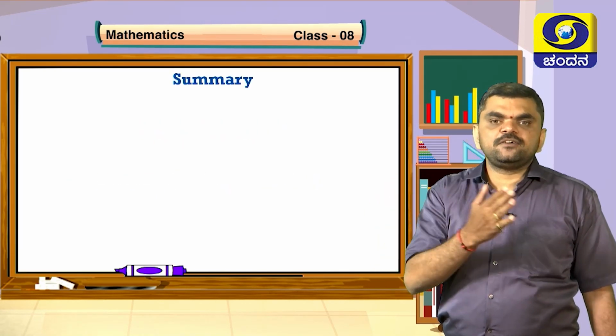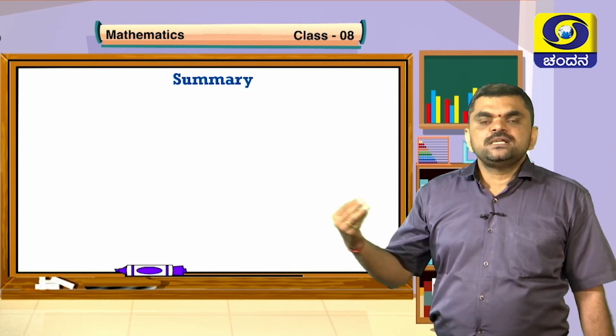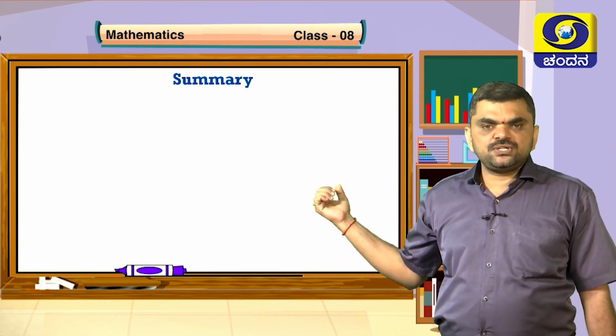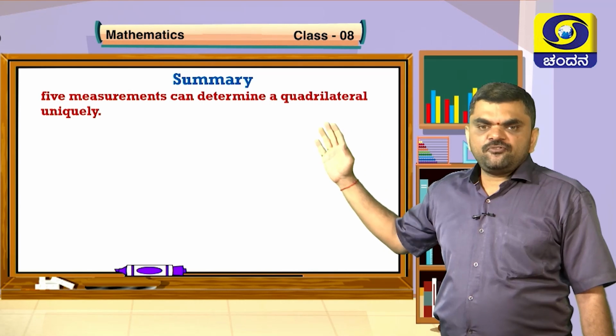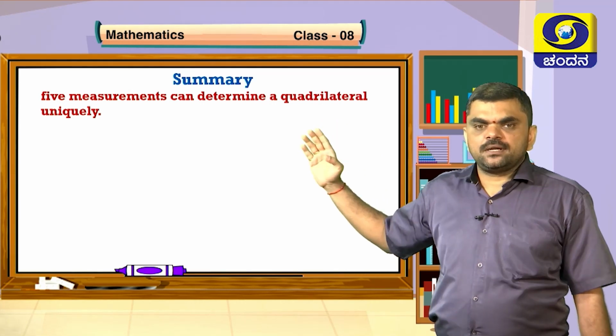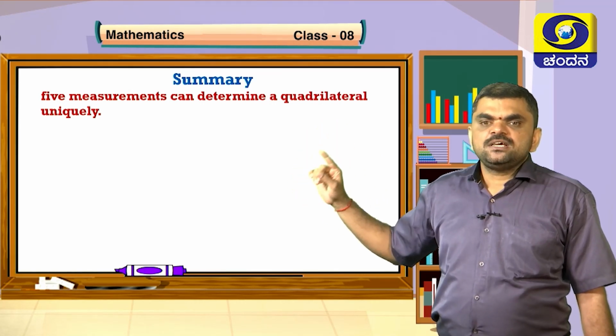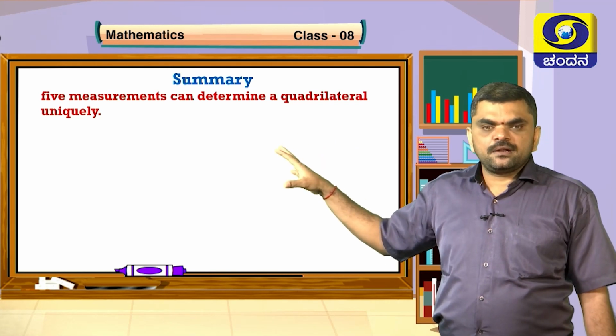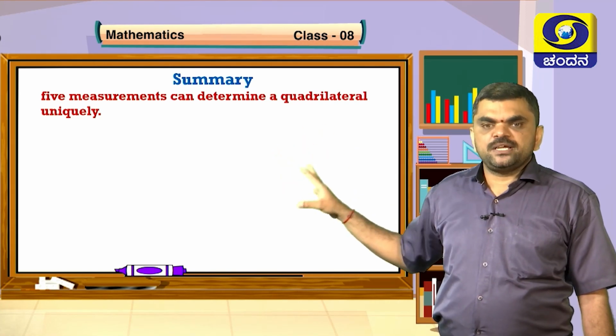Today's class and in our previous class, what we have learned, just recall those points, children. We learned any 5 measurements can determine a quadrilateral uniquely, which means if we want to construct any quadrilateral we need 5 measurements.